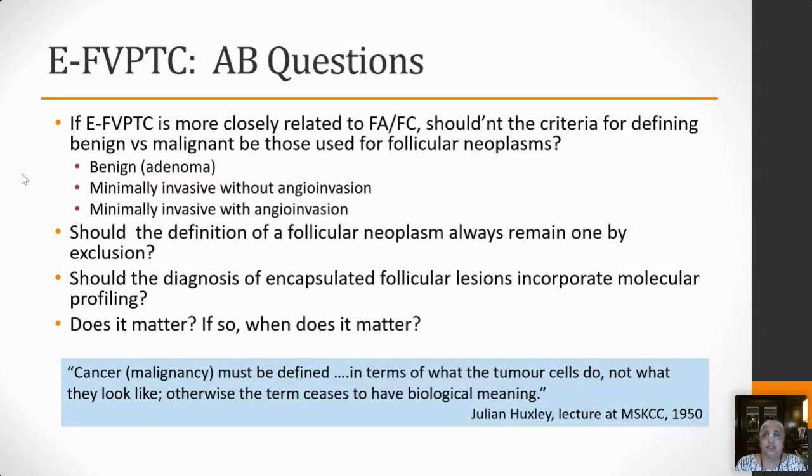They were not invasive at all. We called them papillary thyroid carcinoma with a C, because their nuclear features look like those of standard papillary thyroid carcinoma. And these tumors did not behave in the fashion that you expected carcinomas to behave.